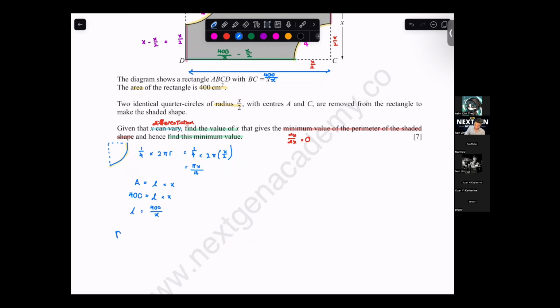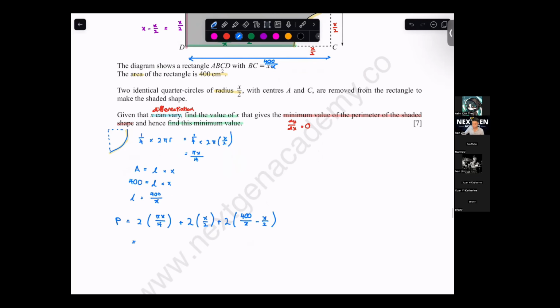Perimeter is equal to 2 pi x over 4, so the yellow color part, plus 2 x over 2, plus 2 times 400 over x minus x over 2.